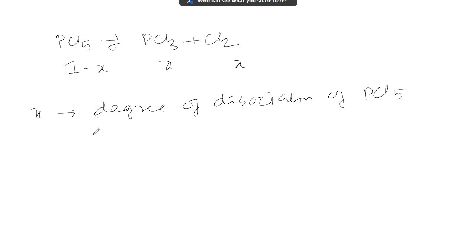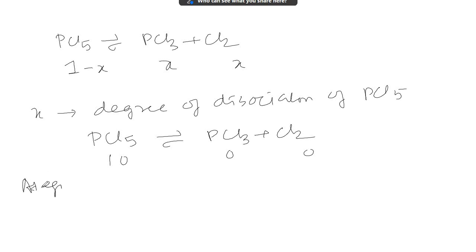On the other hand, think of this case. The same reaction I have taken, but in this case it will give you PCl3 and Cl2. You have taken 10 moles initially, and at equilibrium 2 moles decomposed. Whatever be the moles decomposed, that many moles are formed over here.